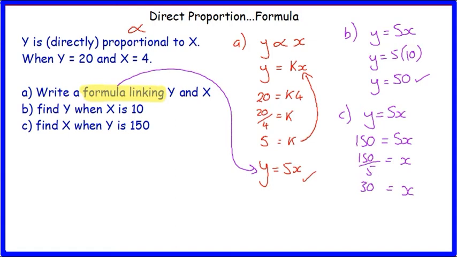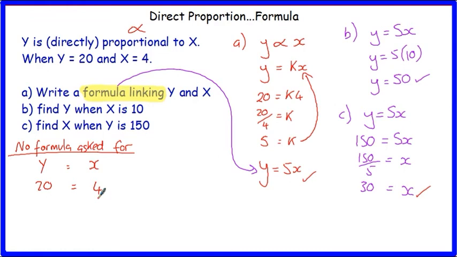Now, if there was no mention of a formula, you could do it this way. So you've got x, and it's in the order they're given. You've got y and x, and I've got 20 and 4.